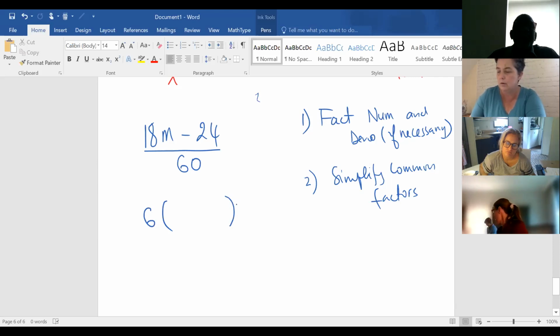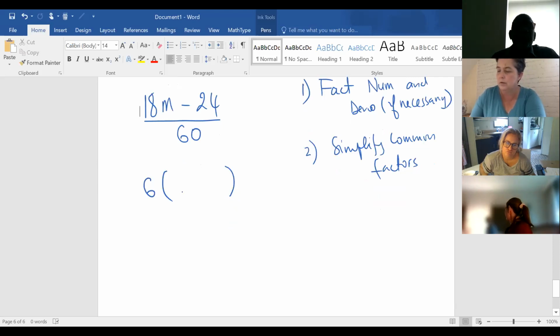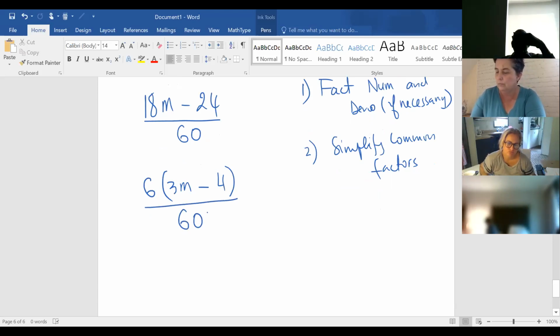How much is left? We divide by 6. We have 3m minus 4, all over 60. Now I can go ahead and simplify the common factors.